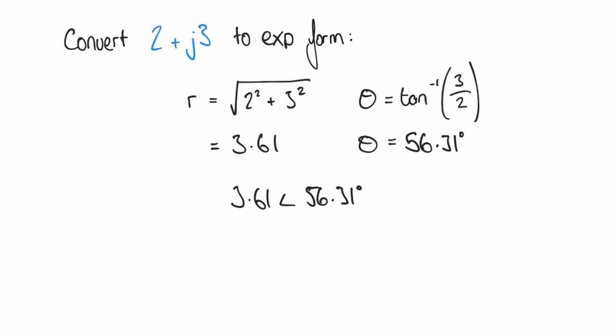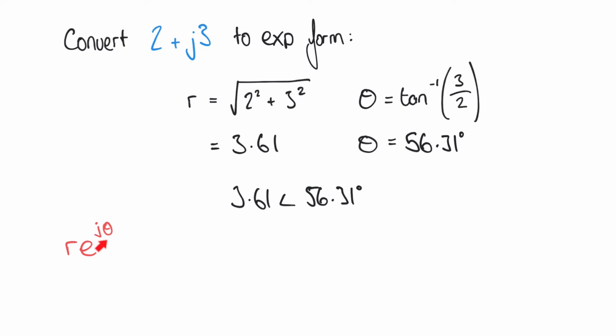Now we were asked to convert to exponential form. Let's just rewrite to the side here the form of our exponential form, r e to the j theta. We've already calculated the modulus r, 3.61, and that same 3.61 in polar form we can also use in exponential form.